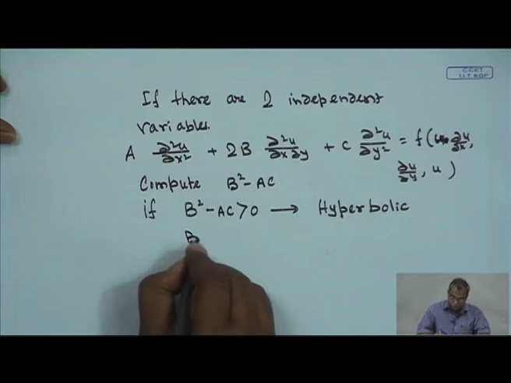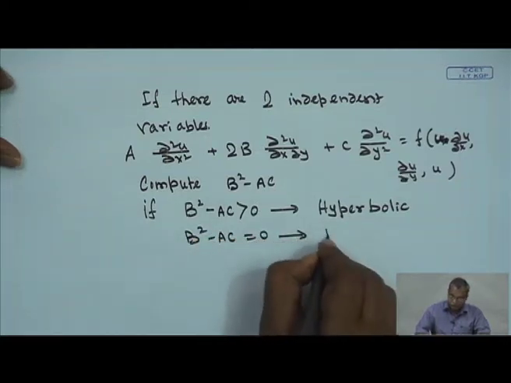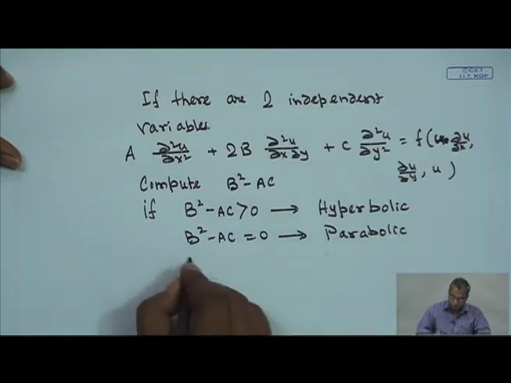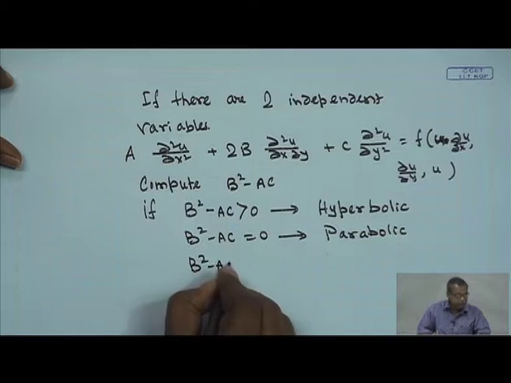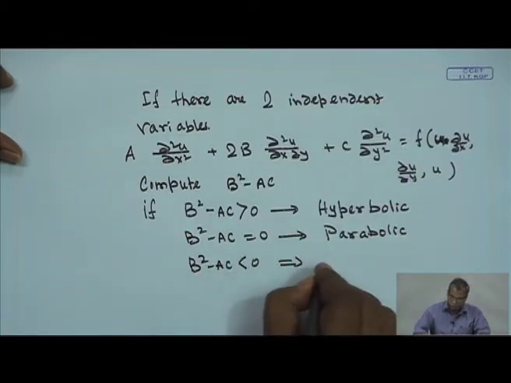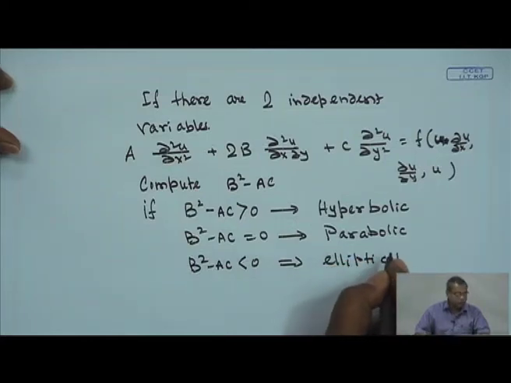If b² - ac is equal to 0, then we are talking about a parabolic partial differential equation. If b² - ac is less than 0, then we will be talking about an elliptic partial differential equation.